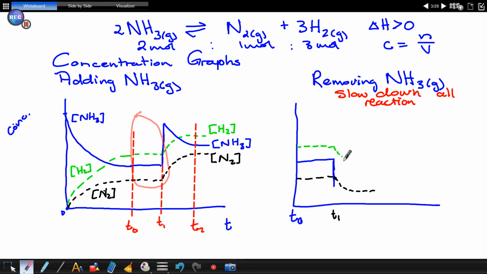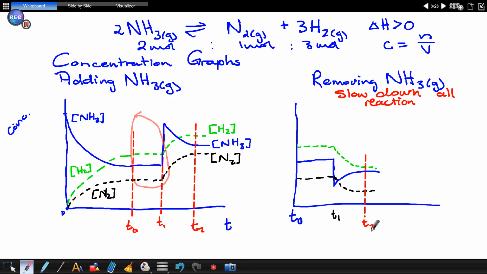It also decreases because you're favoring the reverse reaction, and the reverse reaction uses up hydrogen and nitrogen. Okay? What's going to happen to the ammonia now? It will increase until new equilibrium is reached, and our new equilibrium is reached there where the graph starts going flat. So that is T2.